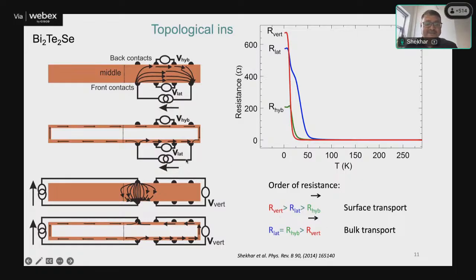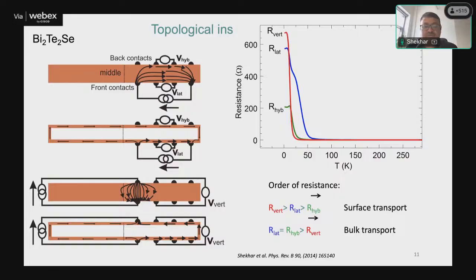The vertical resistance, here and here, is the highest, then the lateral, and then the hybrid, the back one. So this is the order of the resistance once we have surface transport. By measuring resistance, we can conclude whether the material is a topological insulator or not.